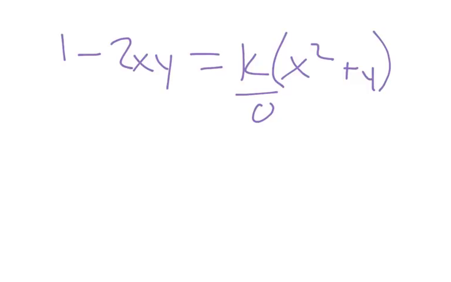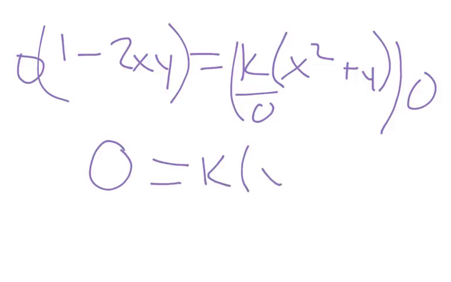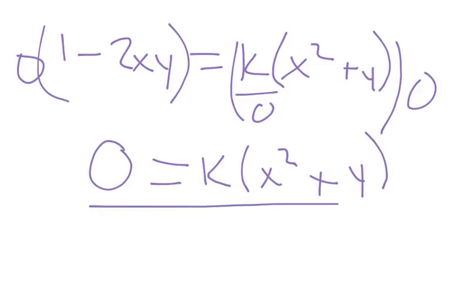And then to get rid of the 0, you're going to multiply by 0. So anything multiplied by 0 equals 0, so 0 equals k times x squared plus y. And then you're going to divide by k to get 0 equals x squared plus y.